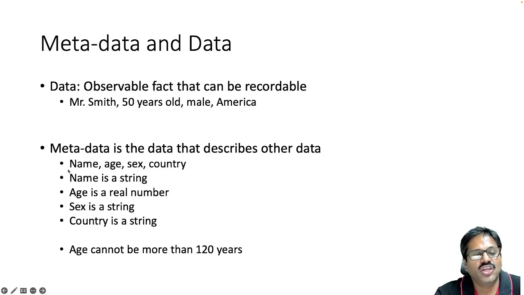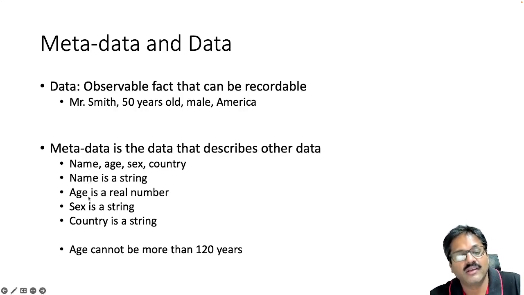These four attributes form the metadata. In the metadata we also define the type. Name is a string, age is a real number, sex is a string, country is a string, and we can also incorporate constraints. For example, age can't be more than 120 years. This way we can enforce constraints.